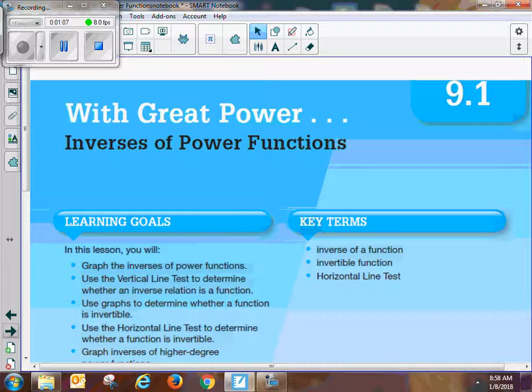Okay, so today we're going to be talking about inverse of a function. We're going to be talking about something called invertible, which we'll be able to tell a couple different ways, and then something called a horizontal line test, which is a relative to the vertical line test. Do you remember the vertical line test for functions to tell if something was a function?